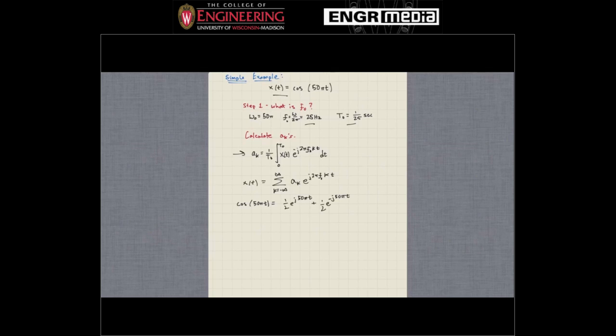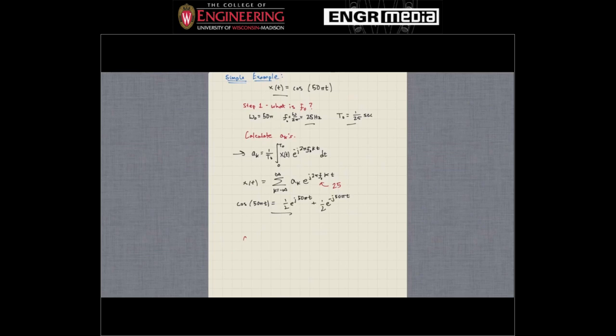We'd say, what are the values of a_k such that we can write this sum and just get down to what we know the cosine is using Euler's identity. Where, again, this f naught is 25 hertz. So let's just guess, and then we'll check to make sure everything is correct.